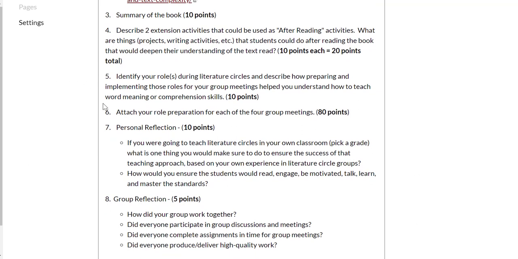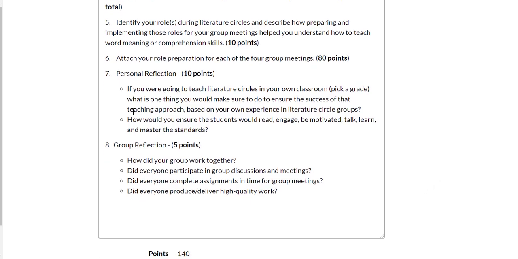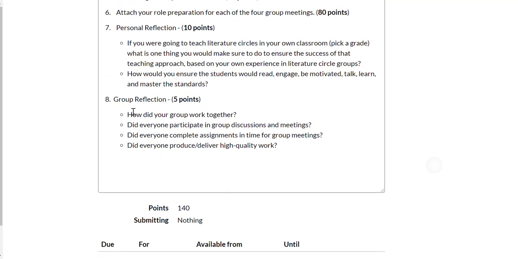Number 5 is identify your role and how you prepared for it. But make sure you look at number 6. Attach your role and what you prepared for each of those 4 meetings. That's 80 points. So you're getting 20 points for each of the roles that you prepared and participated in literature circles. Then your personal reflection and a group reflection.